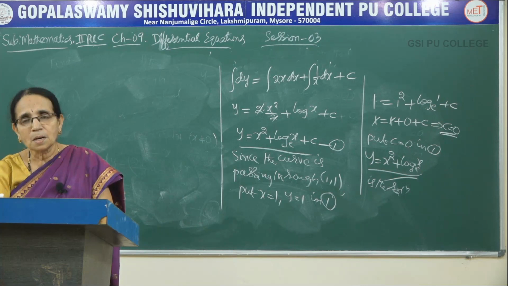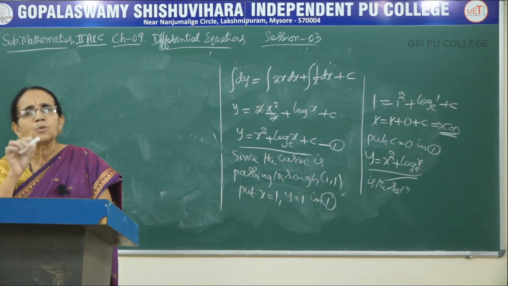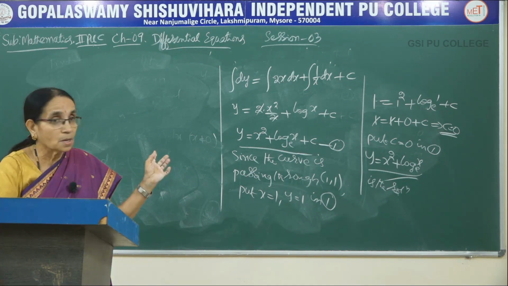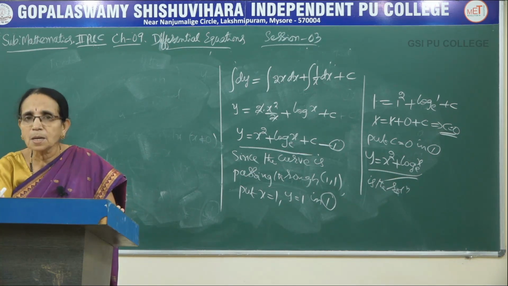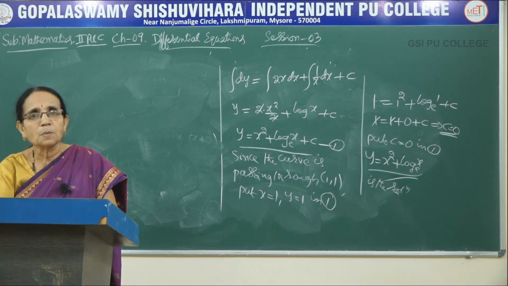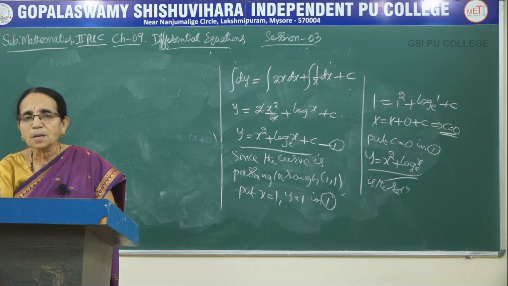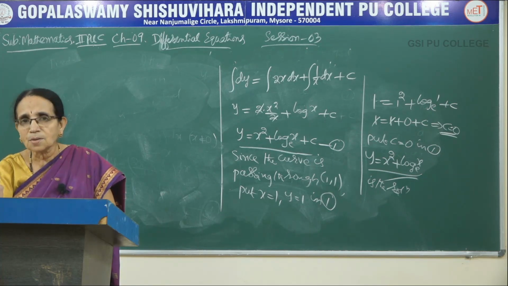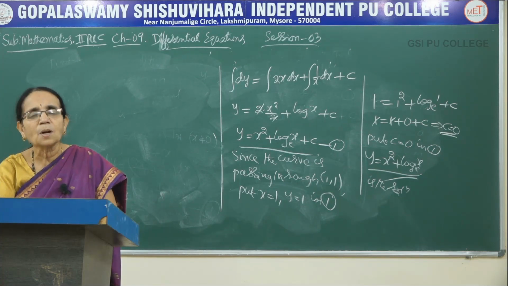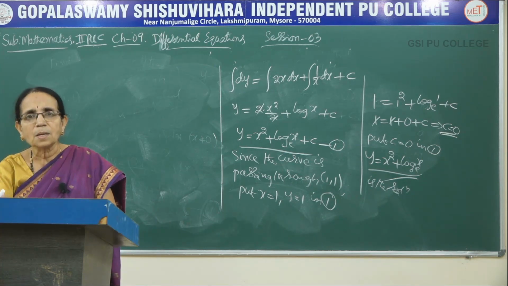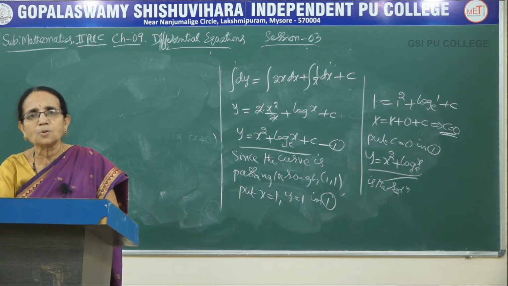Now in part C, the 3-mark category, you can expect a problem where they just give you solve, or it may be given as a statement problem also. If the data is given directly, well and good. Otherwise, if it is given in the form of a statement, you just understand it correctly. Passing through means those are the values of x and y which have to be substituted to arrive at the particular solution. After getting the values, you substitute in the general solution, and that becomes a particular solution.